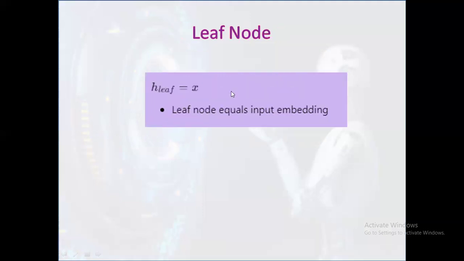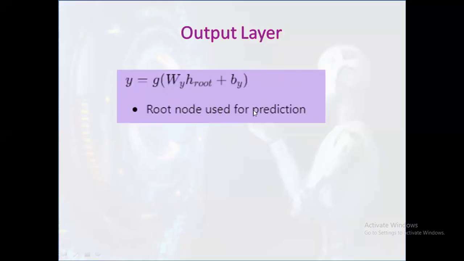Next, the leaf node is given by h_leaf = x. The leaf node representation equals the input embedding, where the basic features are available. The output is given by y = g(W_o h_root + b_o). Here the prediction is made from the root vector. The root node is used for prediction, and the final representation is used for classification.